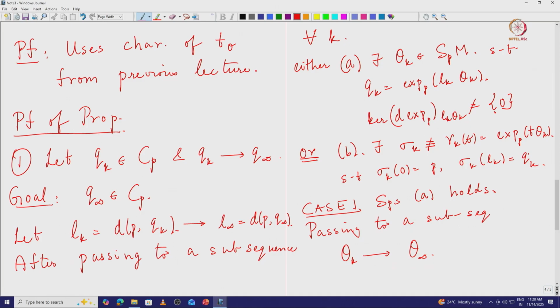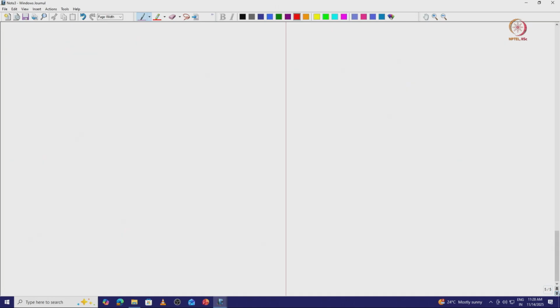But then gamma infinity is a minimal geodesic from P to Q infinity.